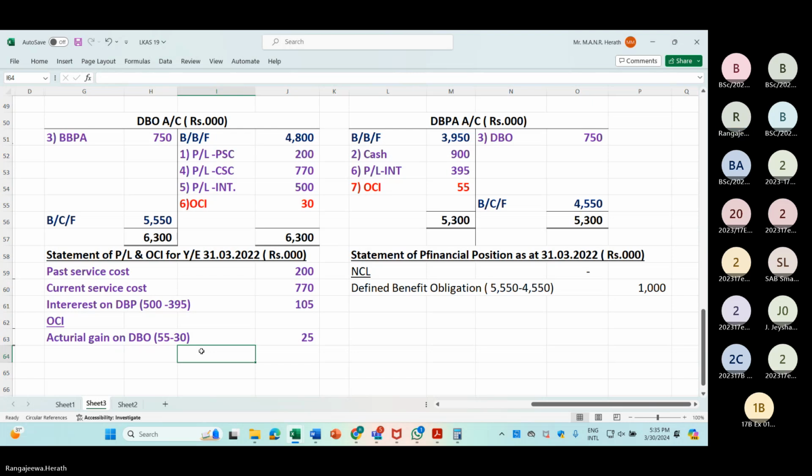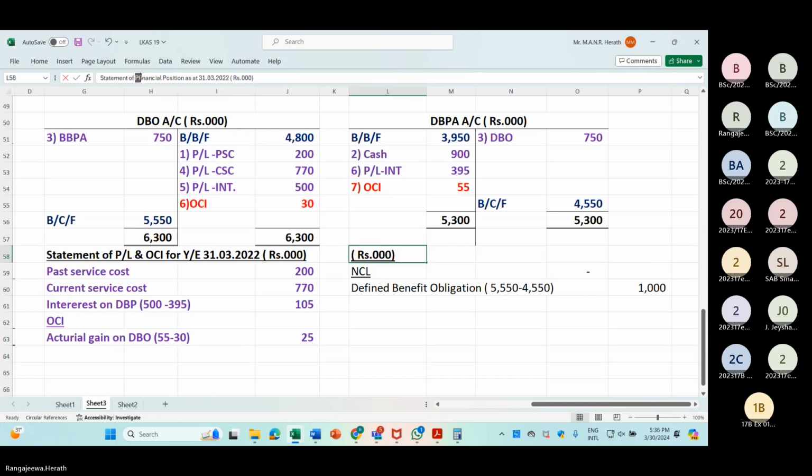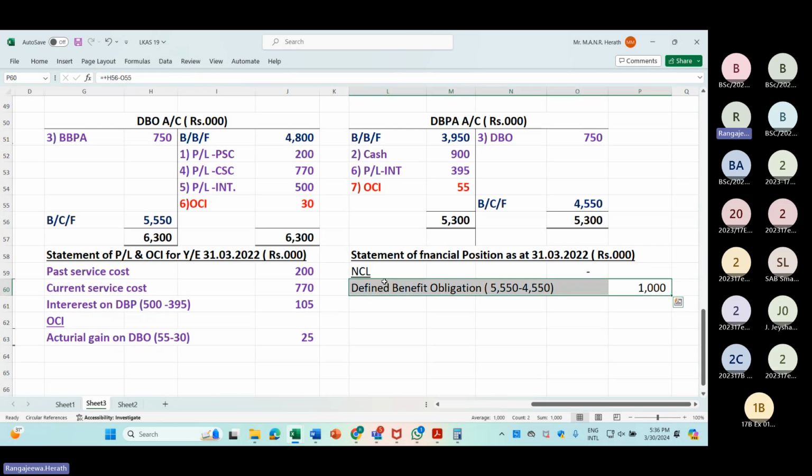Right? Then if you take the statement of financial position, we can show the defined benefit obligation net of this defined benefit plan asset, net obligation. So you should be able to prepare these two accounts, defined benefit obligation account, defined benefit plan asset account, and provide the financial statement extracts.